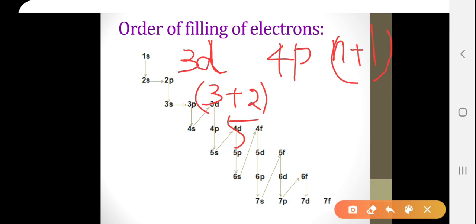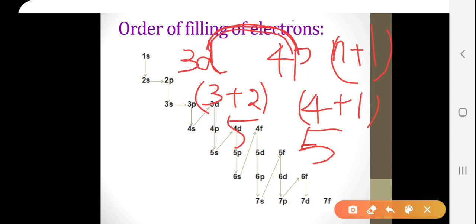Coming to 4p, n equals 4, and for the p subshell, the value of l is 1. So this is also 5.